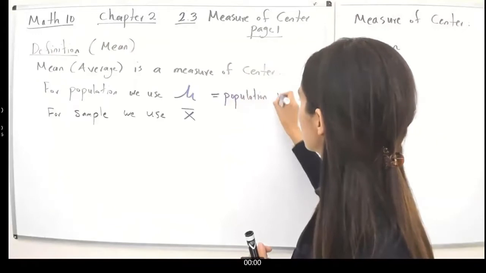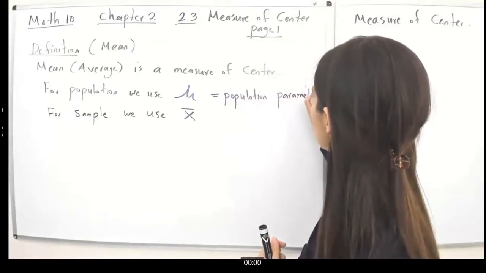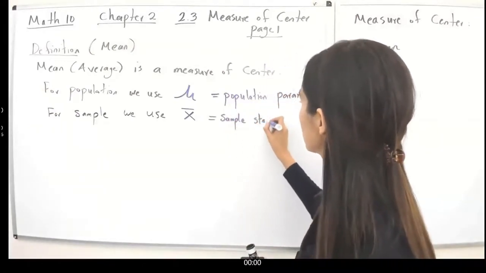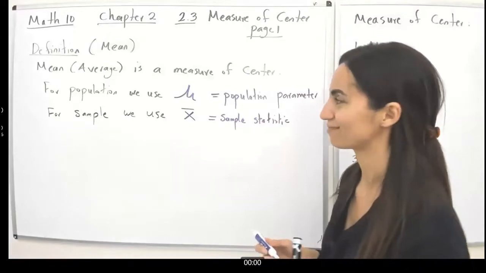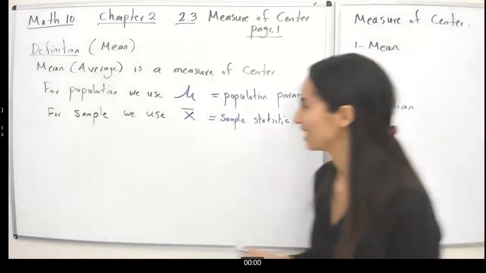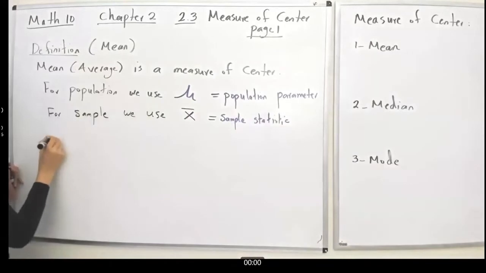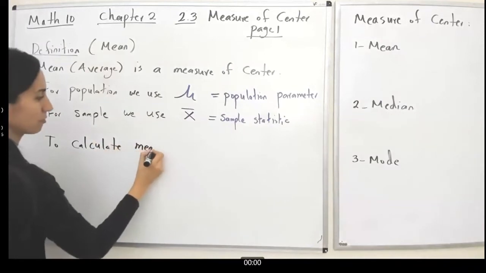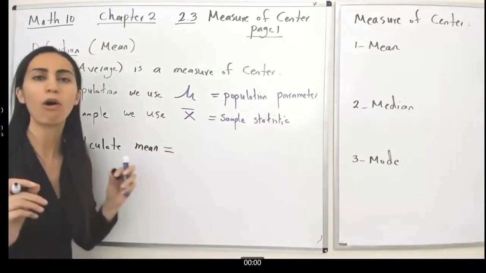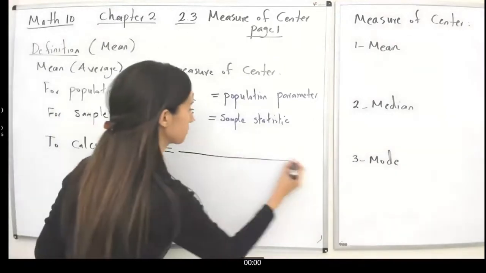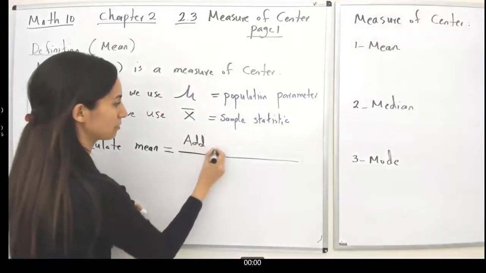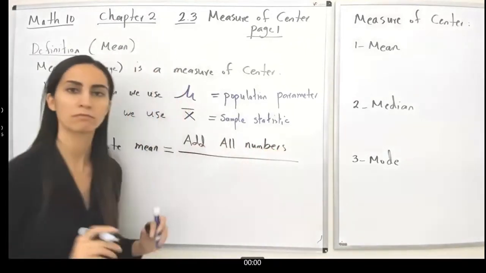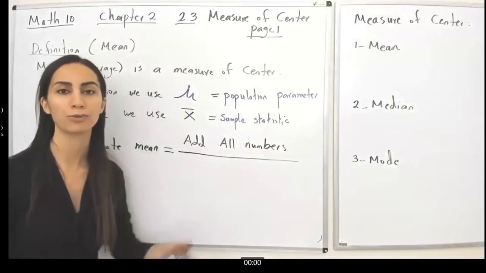population parameter or your sample statistic. How do we calculate mean? To calculate mean, we have to add all the numbers in the collection, and divide by the number of values in your collection.